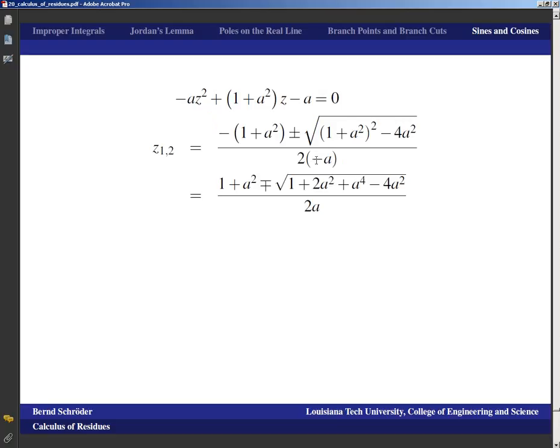Okay, so push the negative sign into the numerator. That cancels this negative sign, so we get 1 plus a squared. Technically speaking, the plus minus, even though it doesn't matter here, turns into a minus plus.